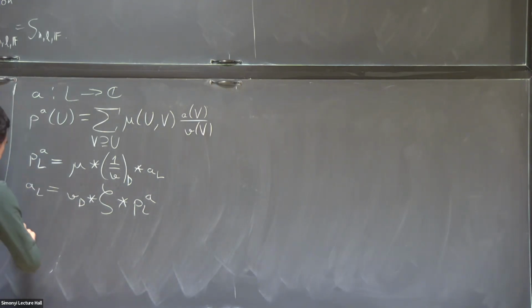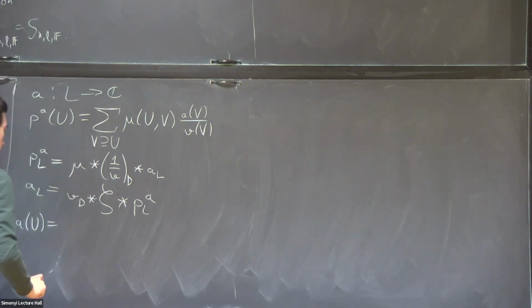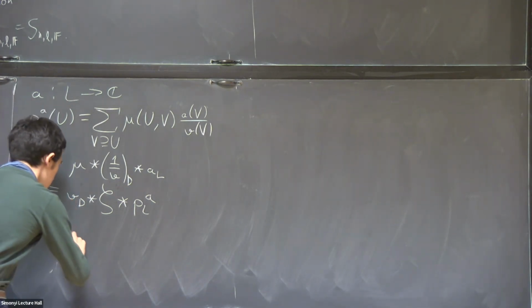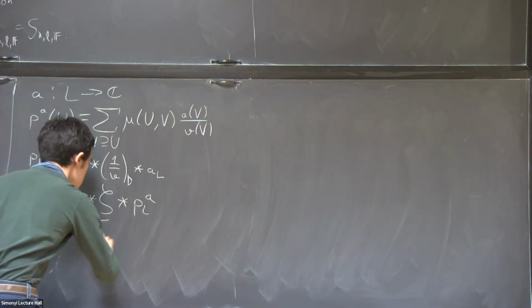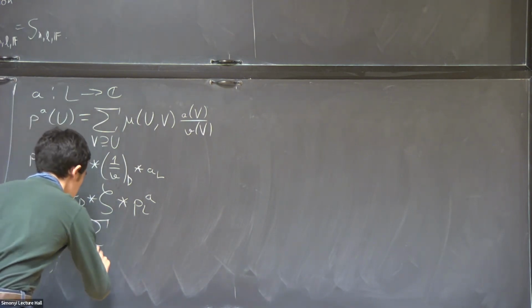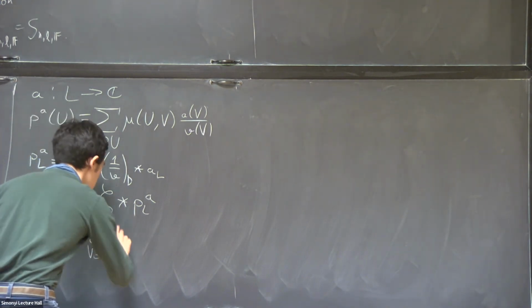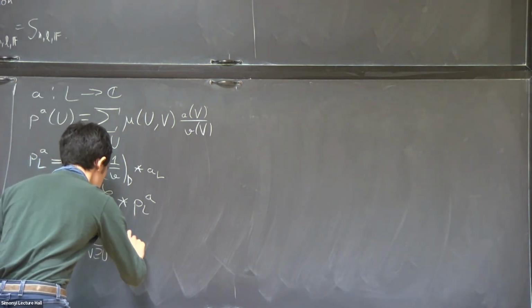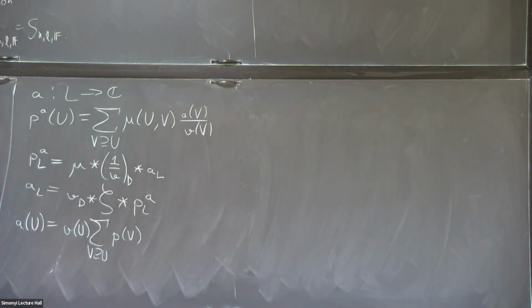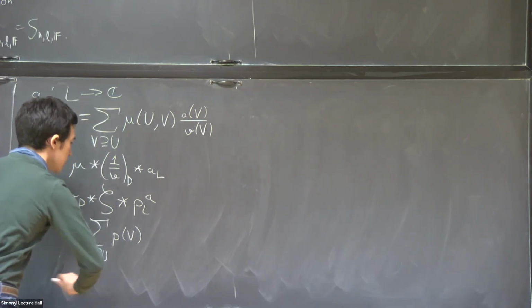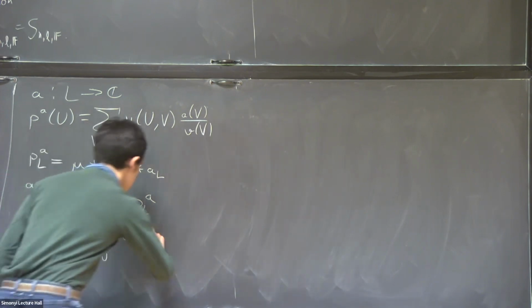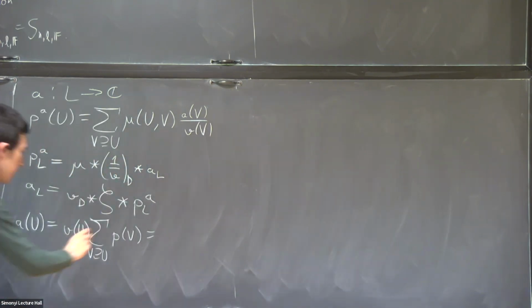And now let's open up this definition. What I'm going to get is that AU is equal to VU sum over V containing U of zeta is 1, so you're going to get P of A. It's just opening up the definition. And then let's rewrite this in a slightly different manner. This PA is this P that's defined like this.